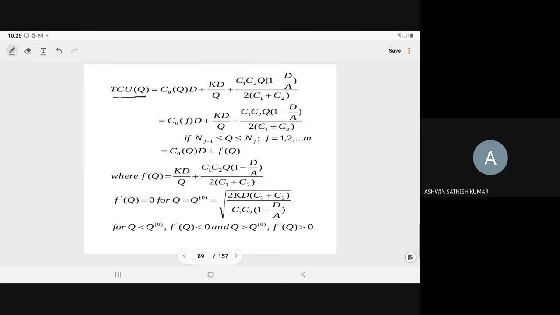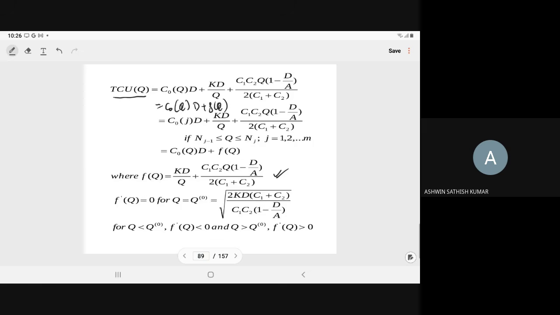This derivation is exactly what we derived for model third. So again it is C naught Q D plus F(Q), where F(Q) is equal to KD upon Q plus C1 C2 Q into (1 minus D upon A) upon 2 into (C1 plus C2).